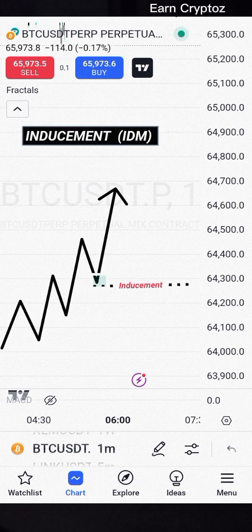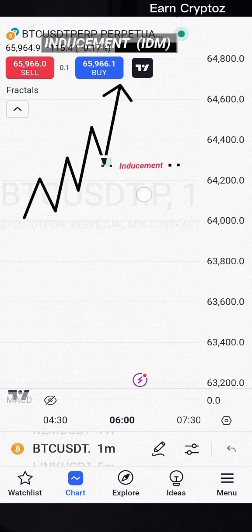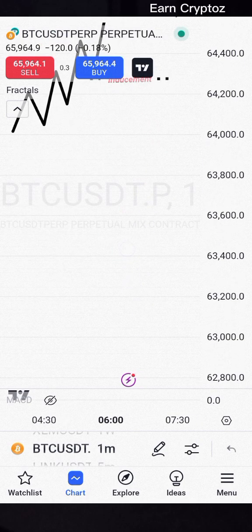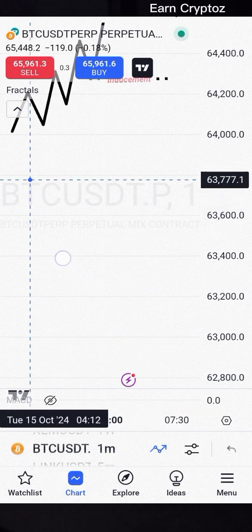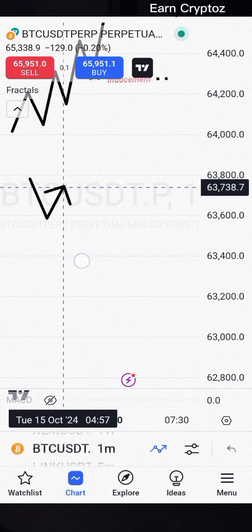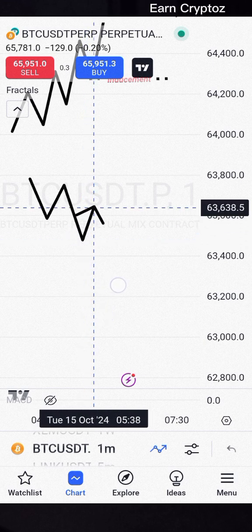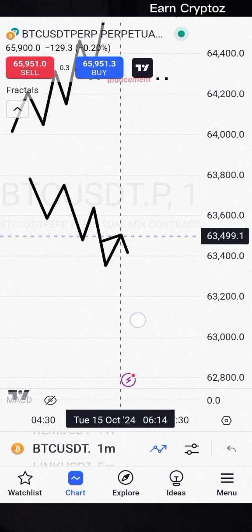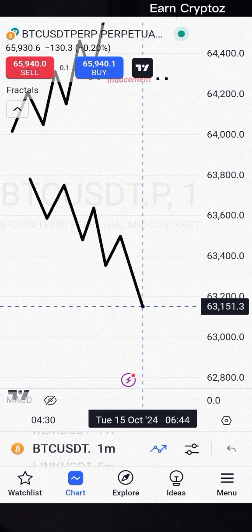So we're going to see how to identify this inducement on the real chart. Okay, and for the downtrend it is similar. So once you mark the valid pullbacks on the impulsive move, you're going to identify the last valid pullback.